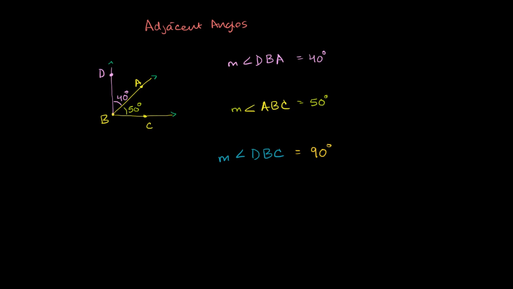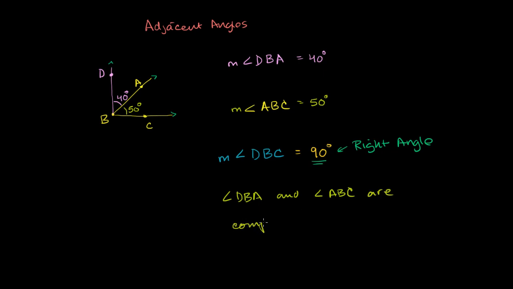And we already know that 90 degrees is a special angle. This is a right angle. There's also a word for two angles whose sum adds up to 90 degrees, and that is complementary. So we can also say that angles DBA and ABC are complementary.